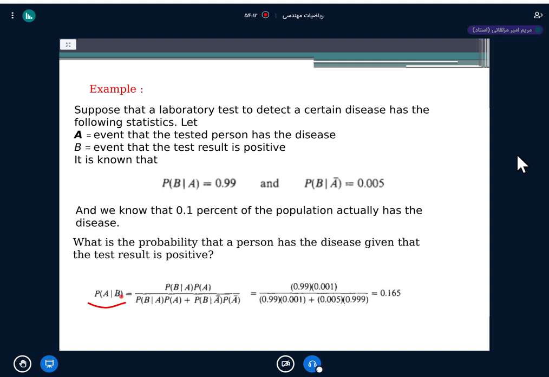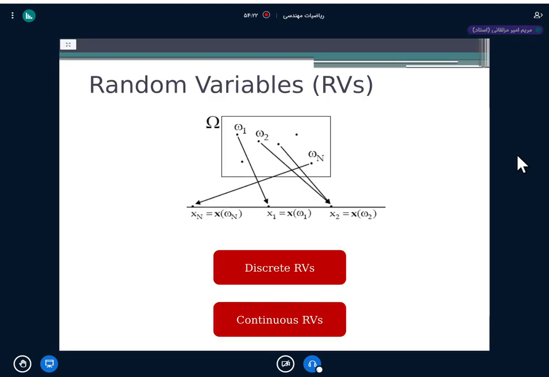No question. Let's go ahead. But what's the next subject of this session? In this slide, as you can see, we want to speak about random variables.